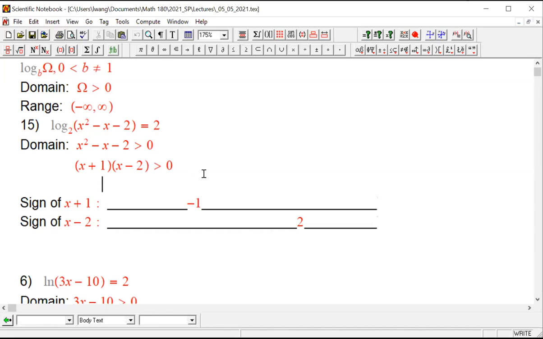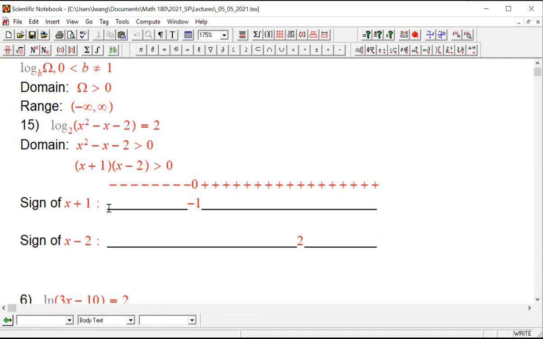So on this side, it's going to be negative, 0, positive, for the sign of x plus 1.